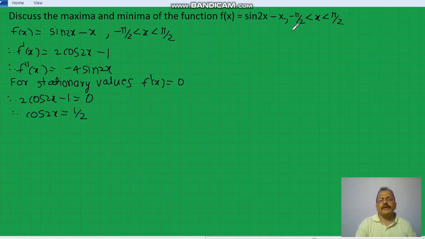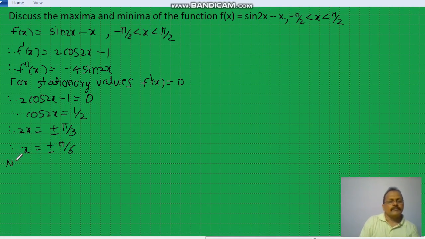In the interval minus pi by 2 to plus pi by 2, cos 2x is equal to half for 60 degrees and minus 60 degrees, that is 2x is equal to plus or minus pi by 3, and therefore x is equal to plus or minus pi by 6.